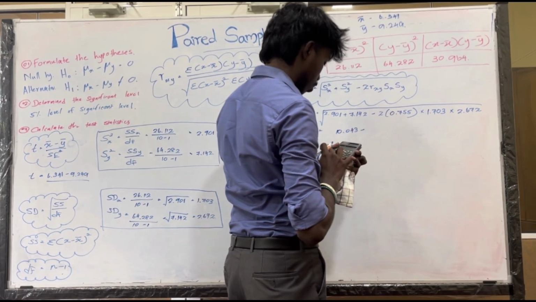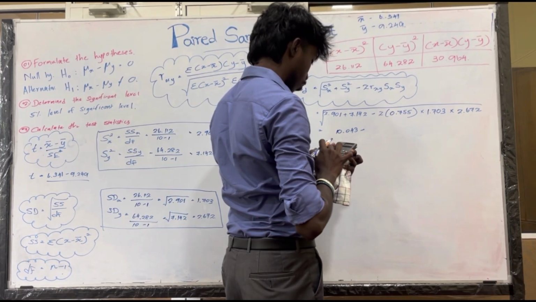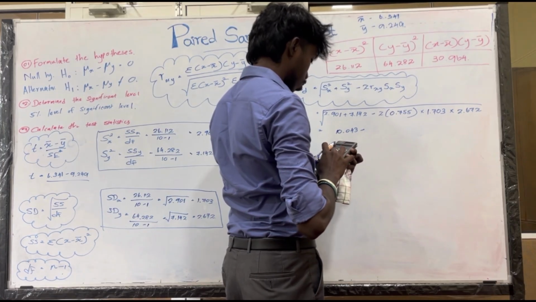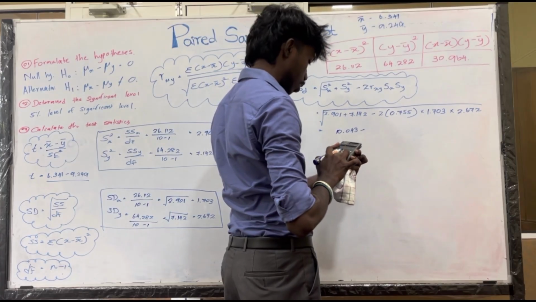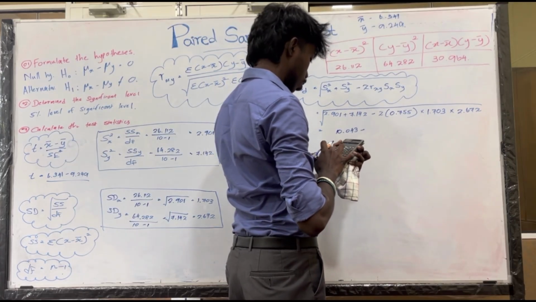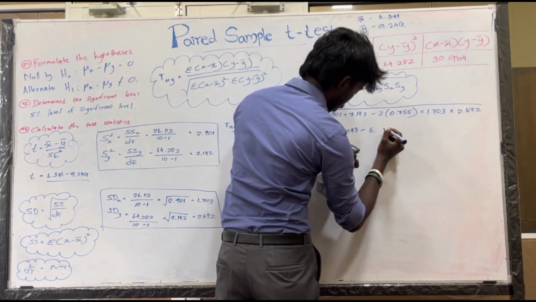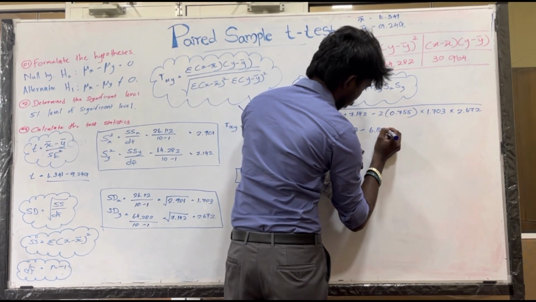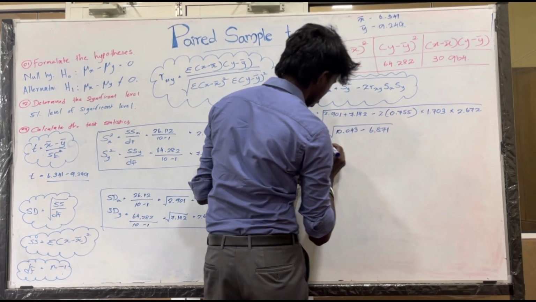Minus 2 times 0.755 multiplied by 1.703 multiplied by 2.672, which is 6.871, inside the square root.